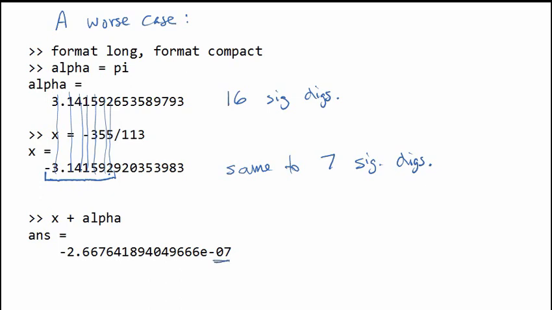Well, there's a problem, because I know that I started with this many accurate digits, plus the ones that got canceled out. So there's no way I could hope to get more than 1, 2, 3, 4, 5, 6, 7, 8, 9 digits left.